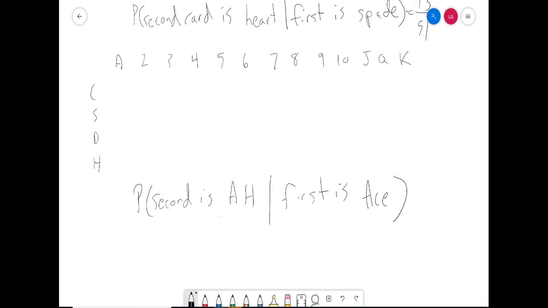If they drew the ace of hearts, then your likelihood of drawing the ace of hearts is 0. If they did not draw the ace of hearts, if they have the ace of spades or the ace of clubs or the ace of diamonds, then your likelihood of the ace of hearts is still 1 out of 51.